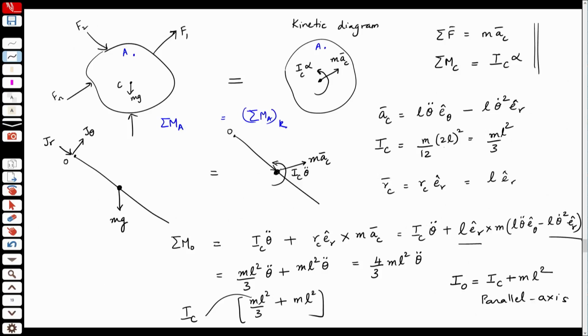So, I am getting from this, sigma M_O equal to I_O alpha, but this is valid only when O is a fixed point in the body. Okay.